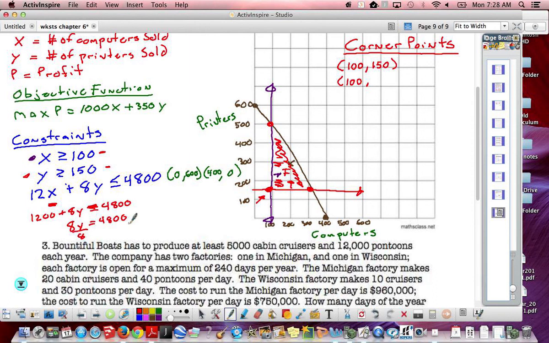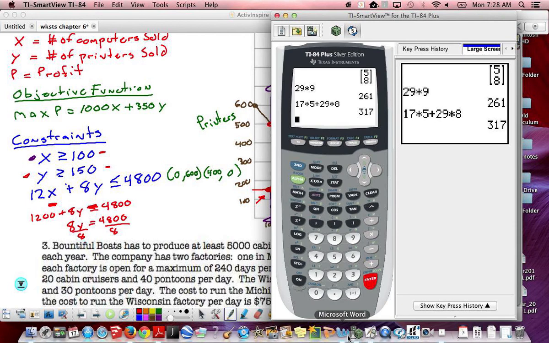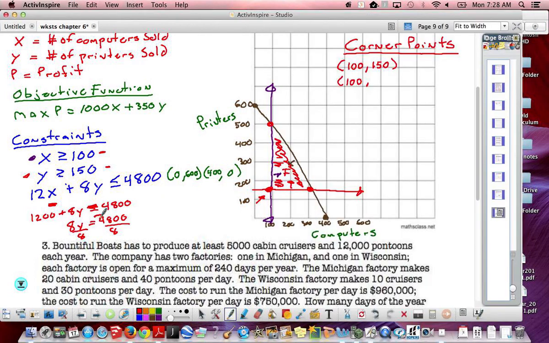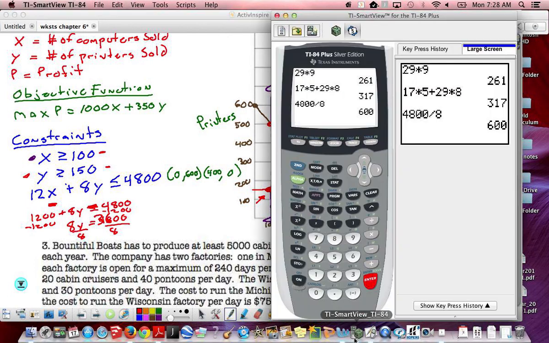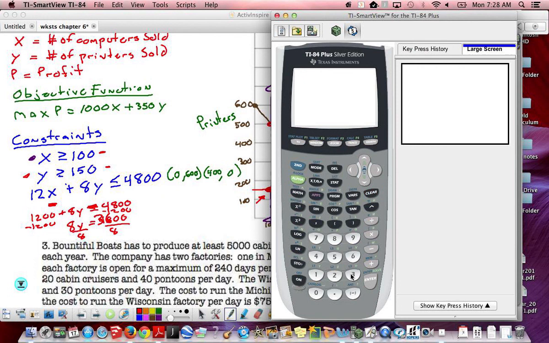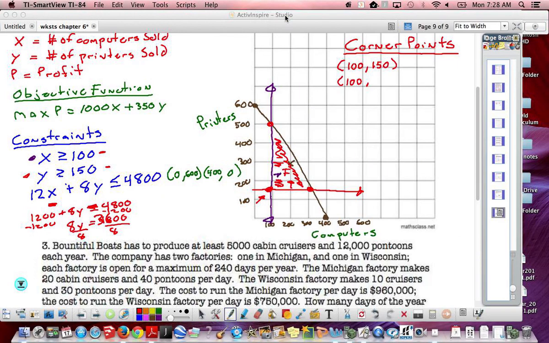If I divide by 8, 4800 divided by 8... well, not 4800, I didn't subtract right. That should have been 3600. My fault, because I have to subtract the 1200. My fault, Mr. Bartz. I was going to say something didn't seem right. Clear that up. 3600 divided by 8 tells me I could sell 450 of them.